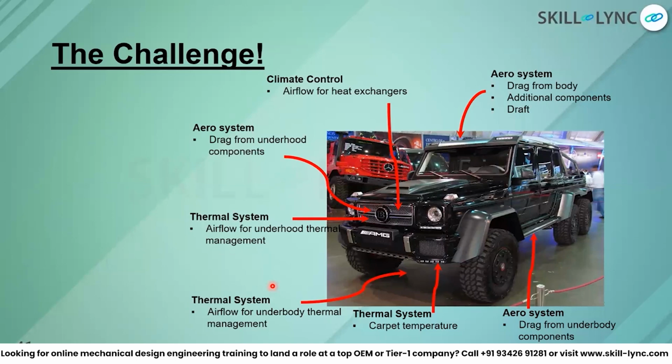You have to have a good aerodynamic design for less fuel consumption, and you have to have a good flow around the car, in fact the underbody, so that any parts near the exhaust should not get heated up. So it's a fight between flow and thermal: you want minimum flow so that the drag is less, but you want maximum flow so that the cooling happens.